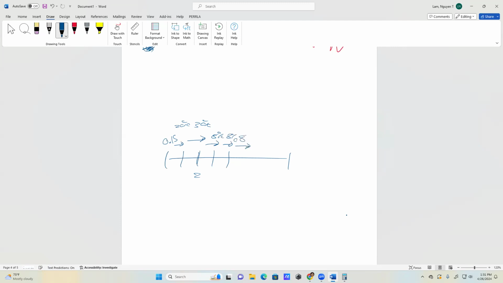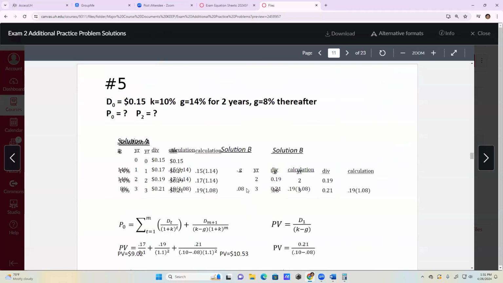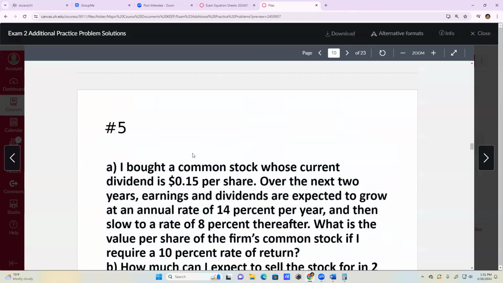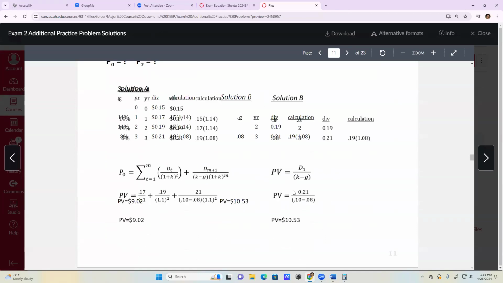So this problem is really tedious. However, if it really troubles you, just try to go and really understand all the other problems instead. But like I said, it's covered in the videos.